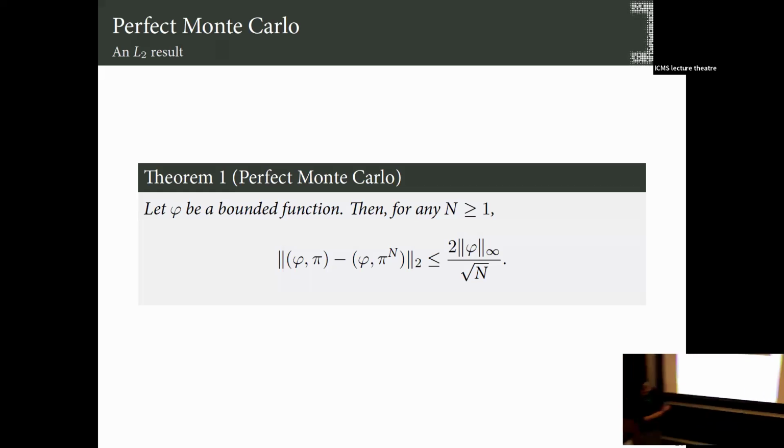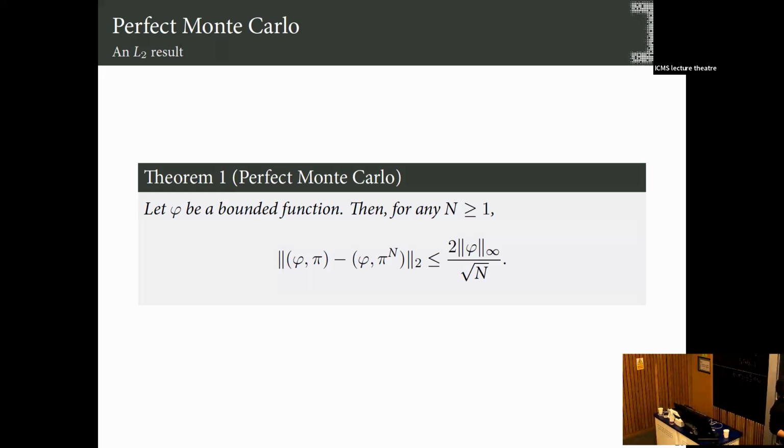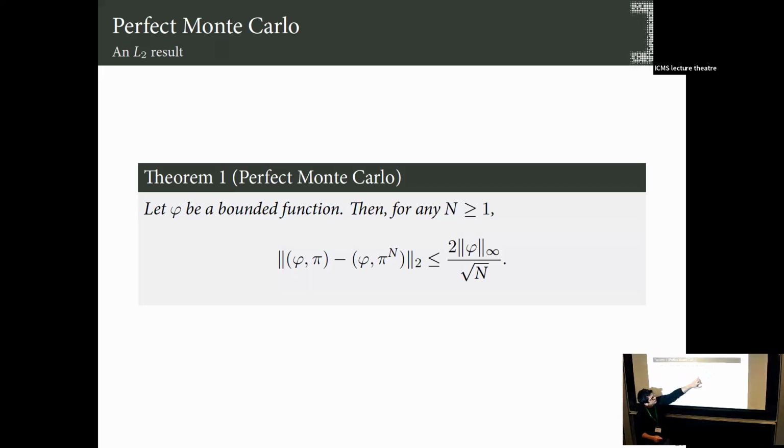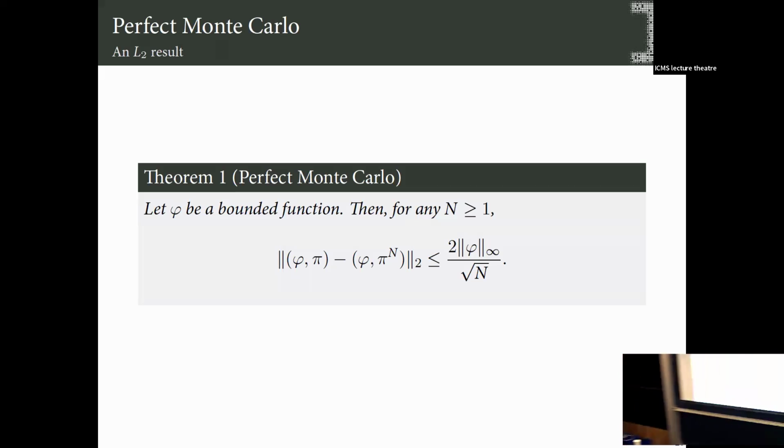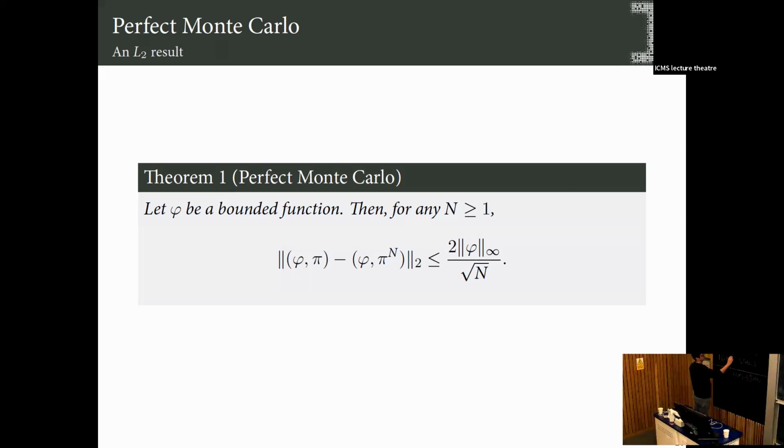The bound shows you the error between the original integral you wanted to estimate and the Monte Carlo estimator in L2 norm. Of course, this is a random quantity. Why is it a random quantity? Because these samples are coming from the target. So you have to take some sort of expectation, and the L2 norm is just the expectation of the quantity squared and then the square root, right?